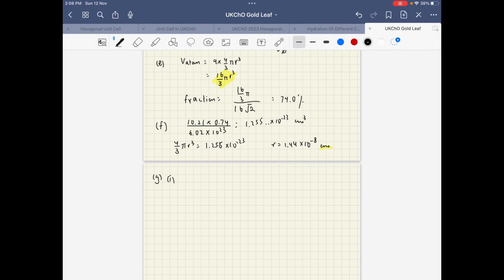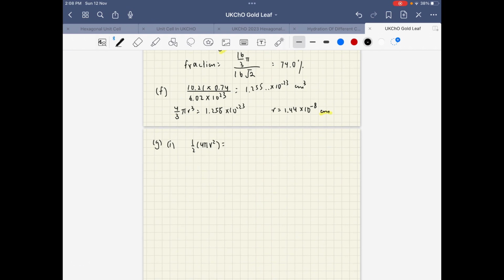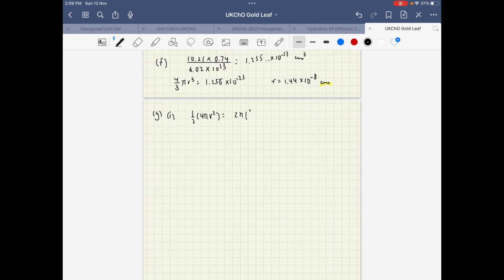Because it's a hemisphere, the total surface area is only half of the surface area of a sphere. So it's 2 pi r squared, and r is 21/2. I'll just convert it to cm. Actually, I don't need to convert to centimeters yet.